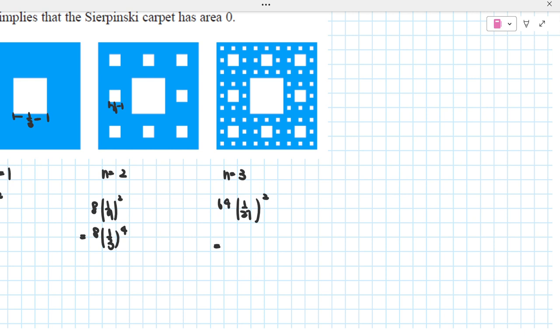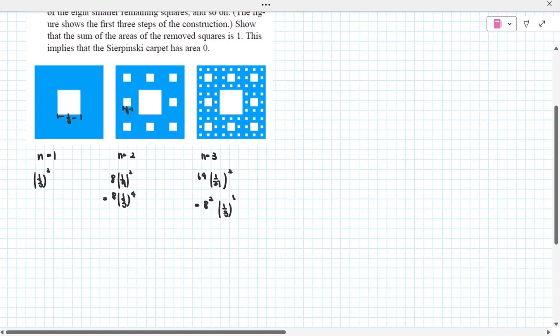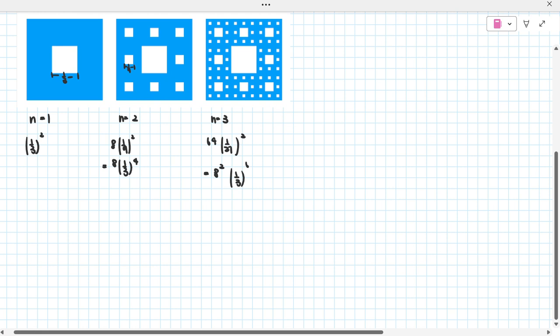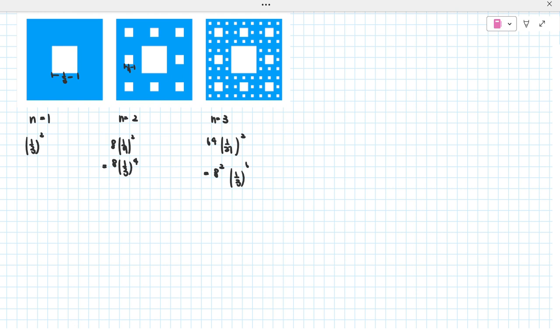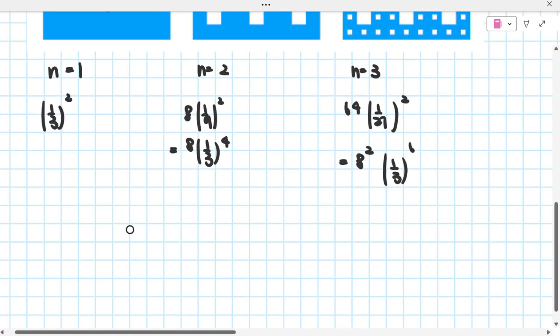And that can be rewritten as 8 to the power of 2 times 1/3 to the power of 6. So we can notice that each time 1/3 is being raised to the power of 2n. So 1/3 to the power of 2n.